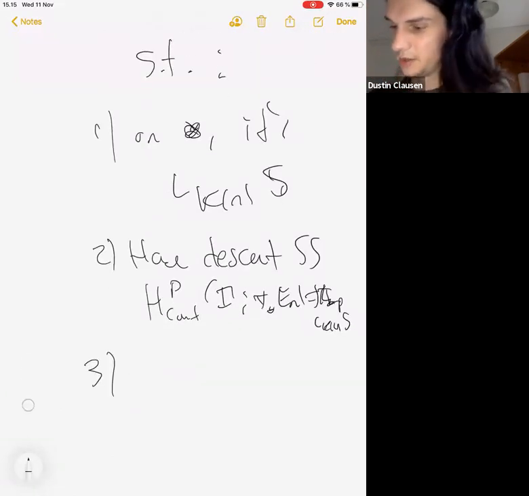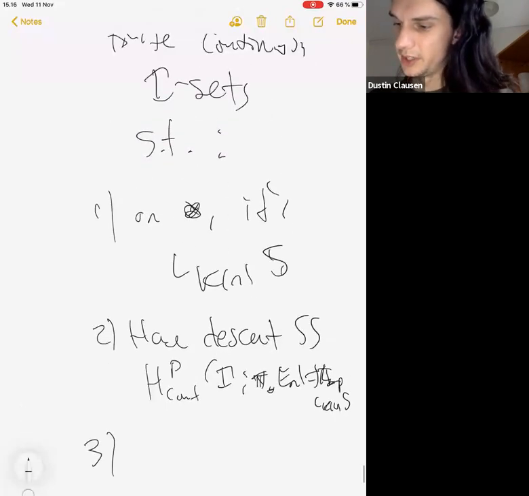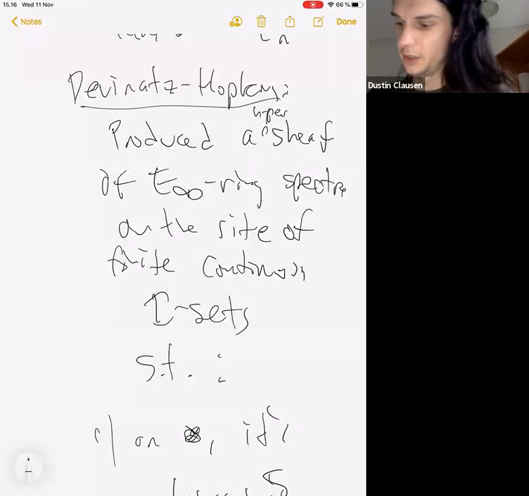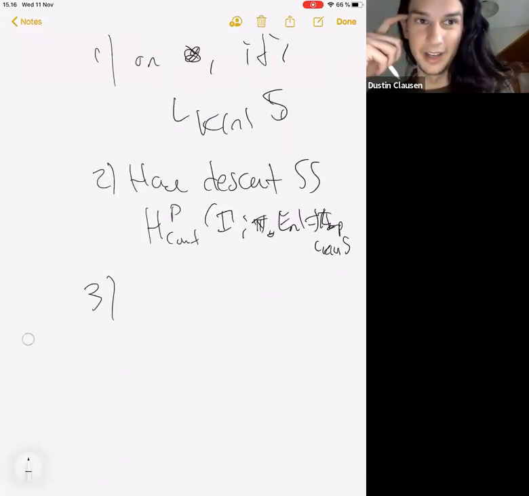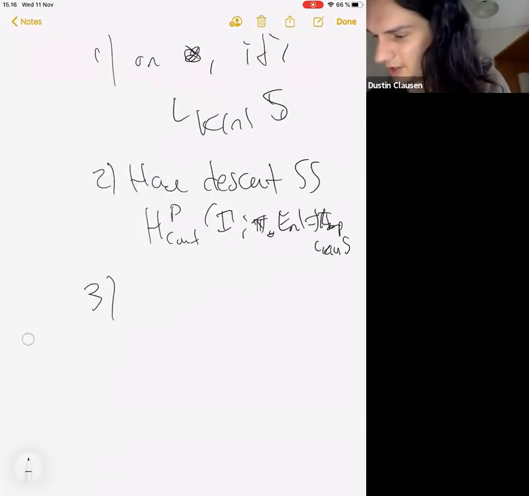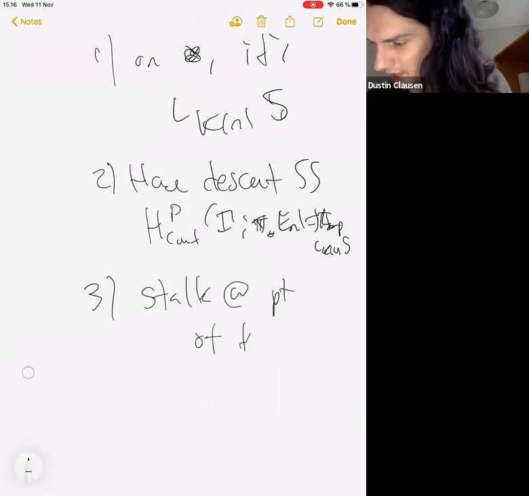And okay, so that looks good. But what is the sense in which... so this is one way of encoding a continuous G action on a discrete spectrum, right? So this might look kind of funny. So what is the underlying E-infinity ring spectrum here? The stalk at the point of this site.